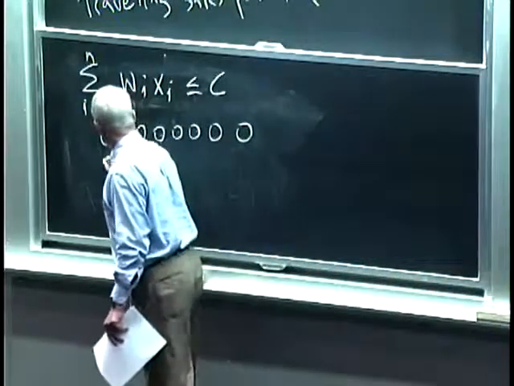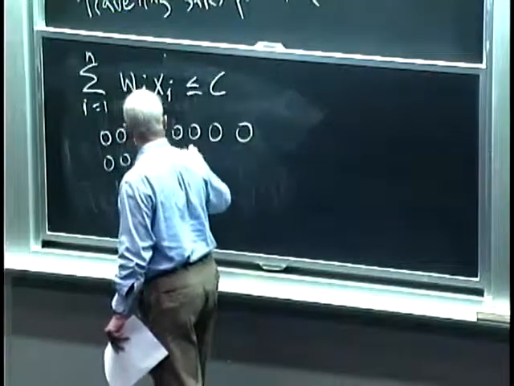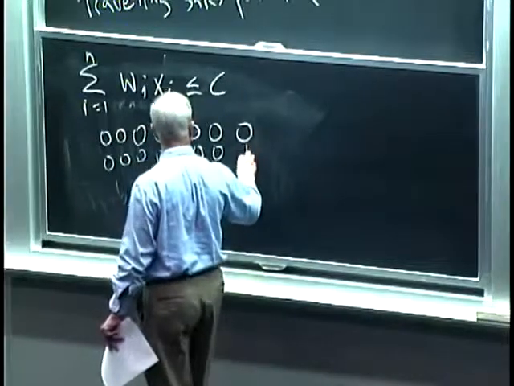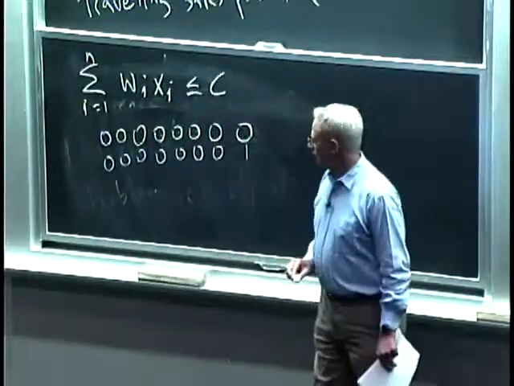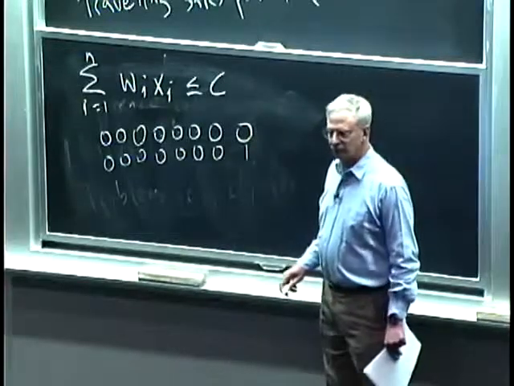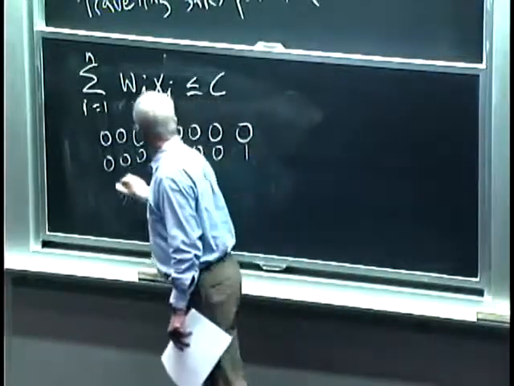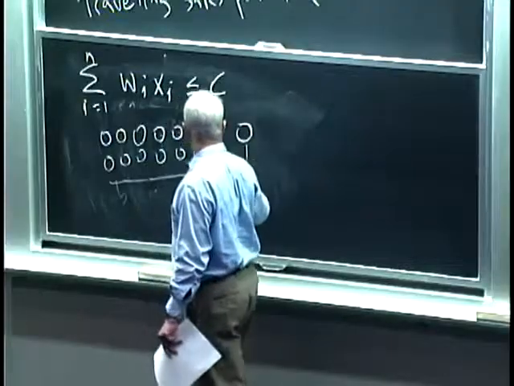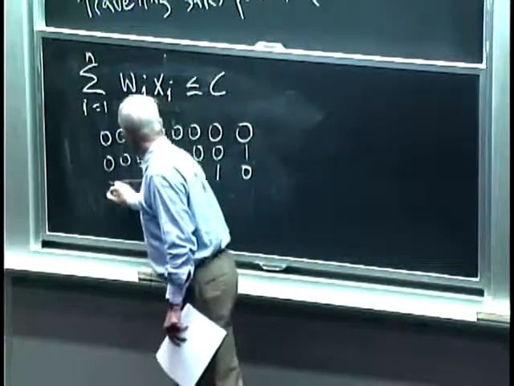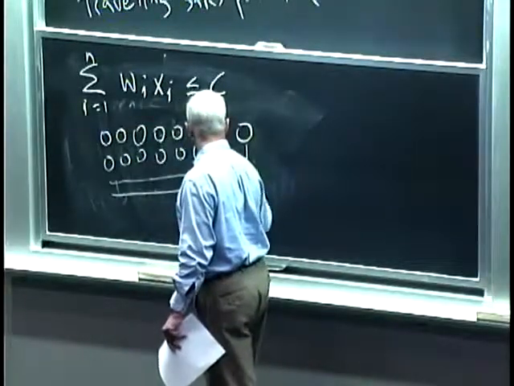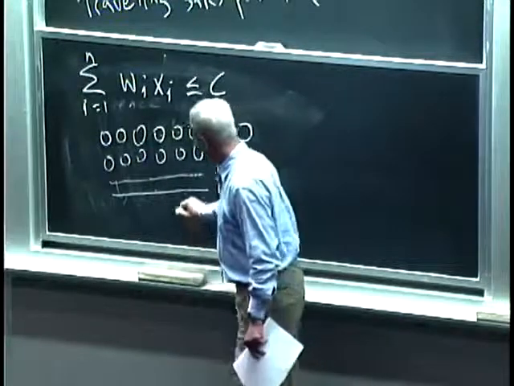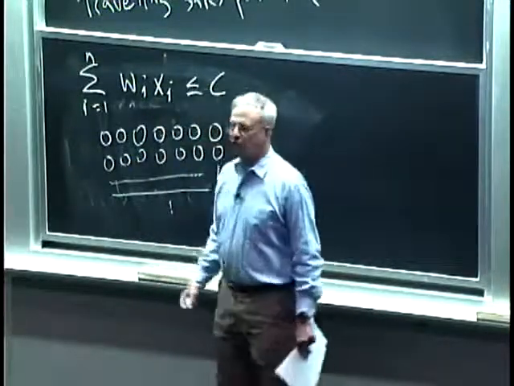There's the vector, and again, you'll see this in your handout, that says I only took the first item. There's the one that says I only took the second item. There's the one that says I took the first and the second item. And at the last, I have all ones.